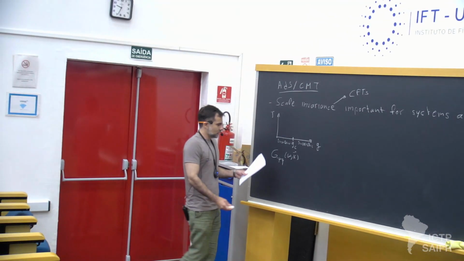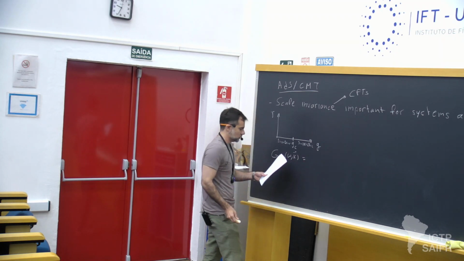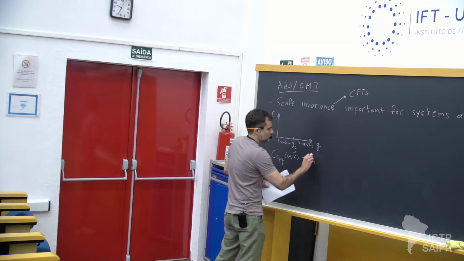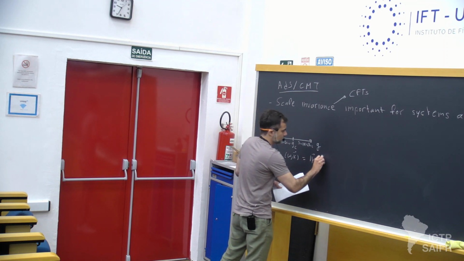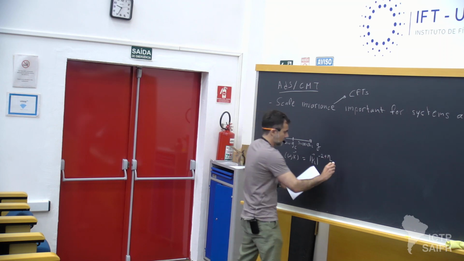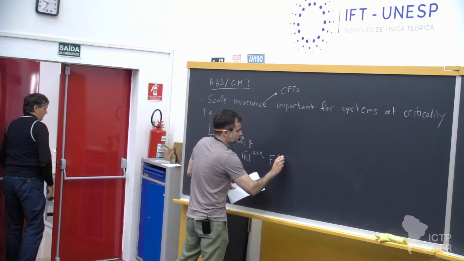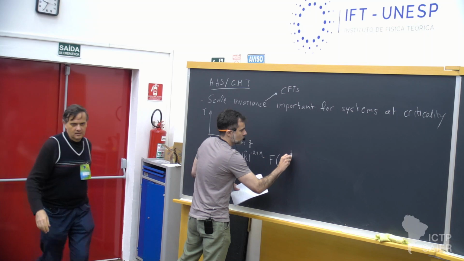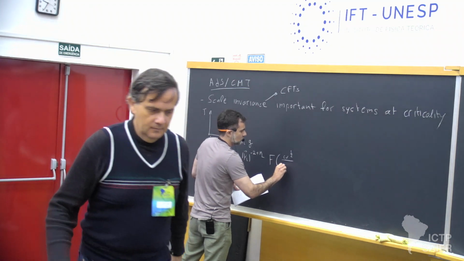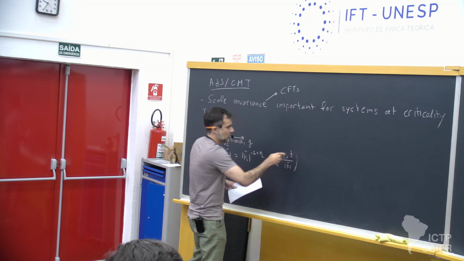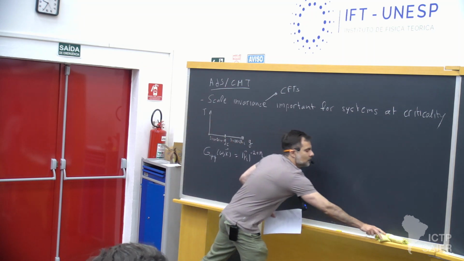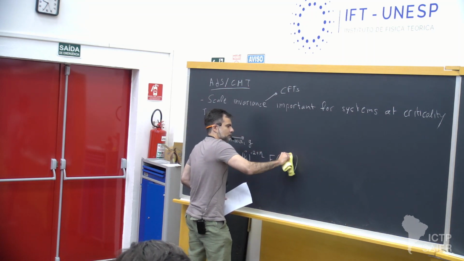Scale invariance will tell you that this retarded Green's function will scale with the amplitude of the wave vector, with some number eta, and then some function which is only a function of the ratio of omega, the frequency, to k to the power z. This is z, it's not 2.